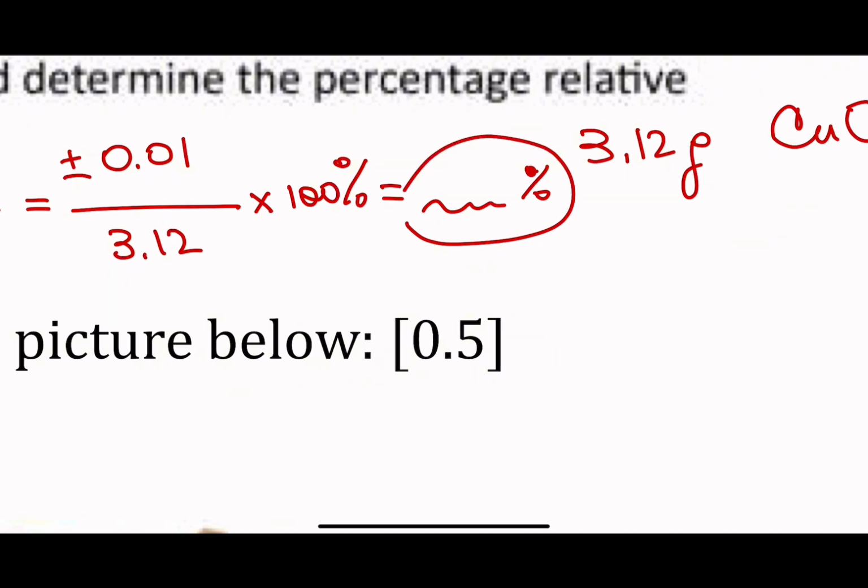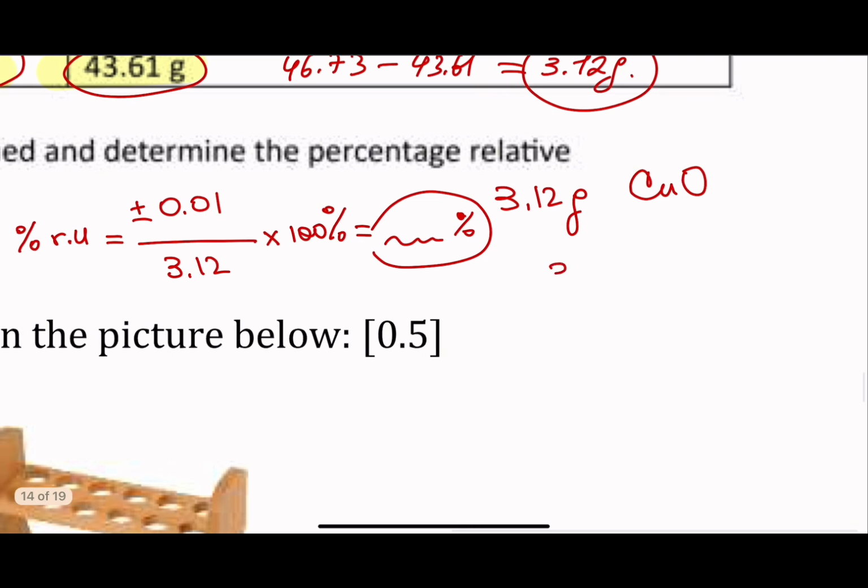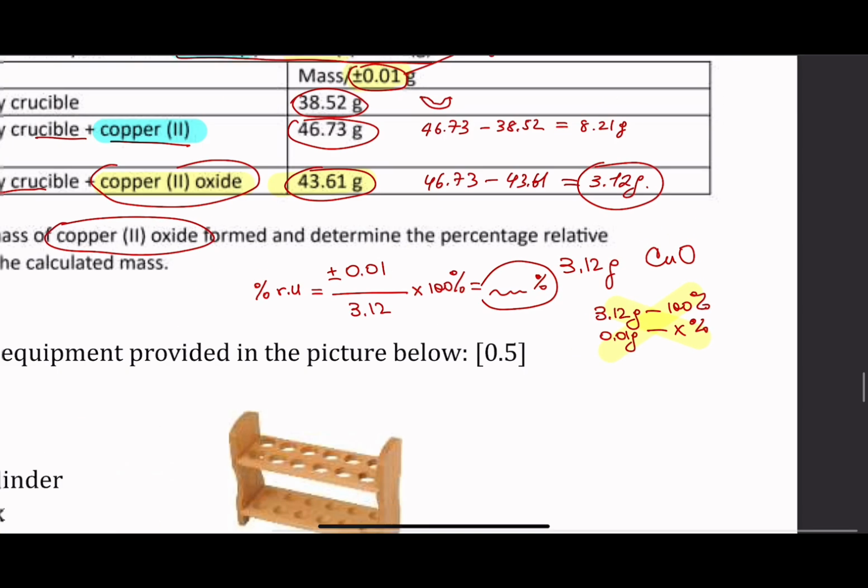Okay? And you can find it. Or the other way is you can say 3.12 gram is 100%, and how much is 0.01 gram, X%? And you can do this like that and get the answer. It will give you the same answer.